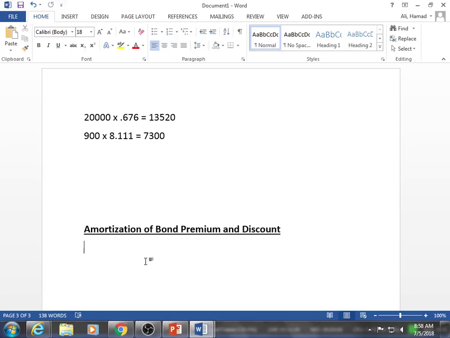So we have two methods of amortization. One is straight line, I'll just put SL for straight line. And the second one is the effective interest method.